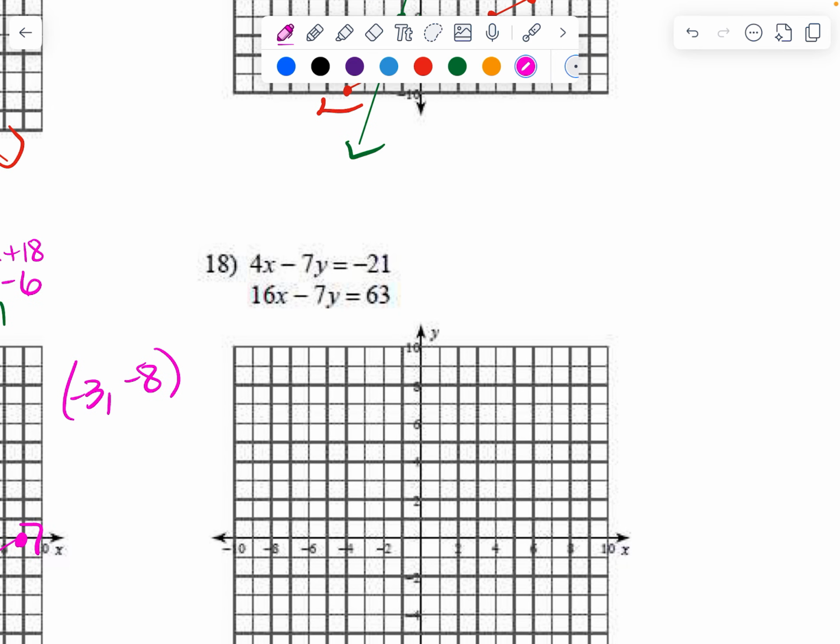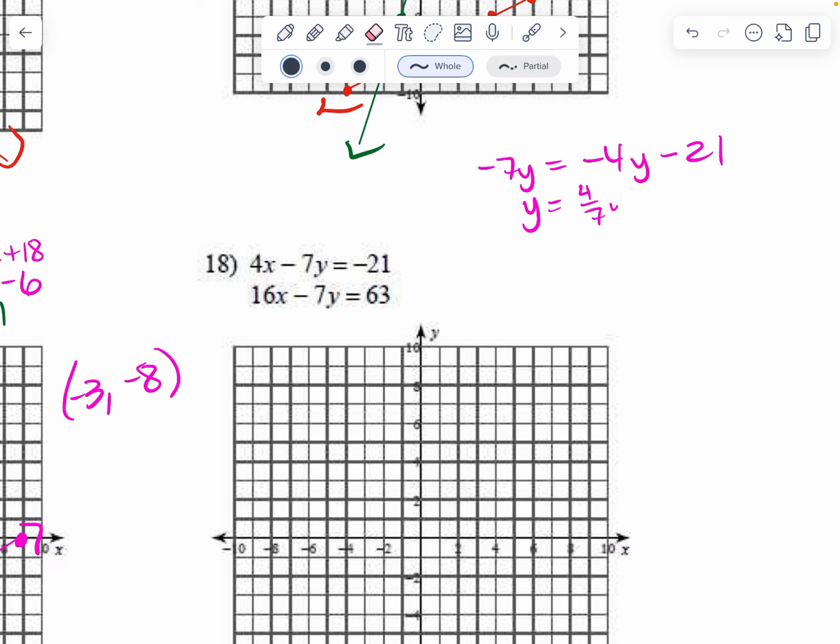So on this one, I'm going to subtract 4x to the other side and get -7y equals -4x minus 21. Divide through by -7, and get 4/7 x plus 3.